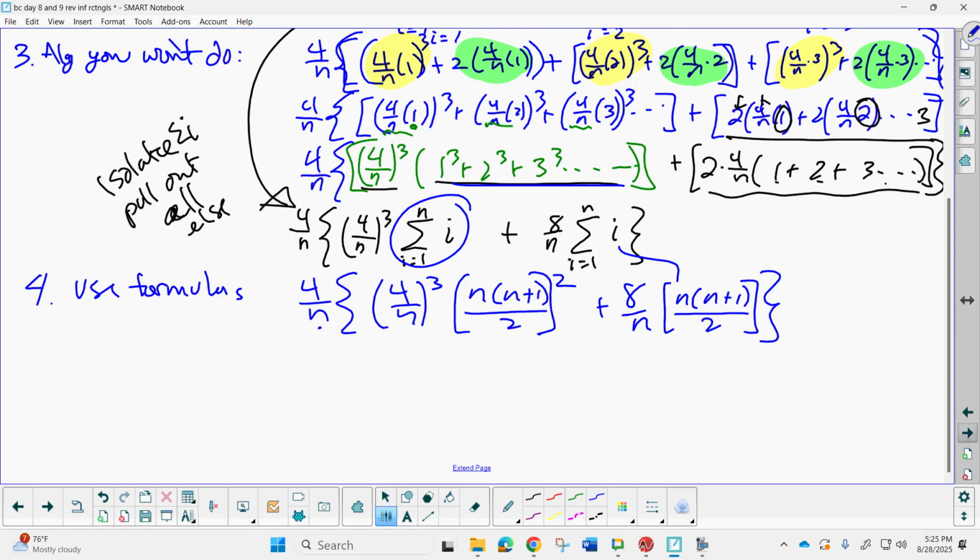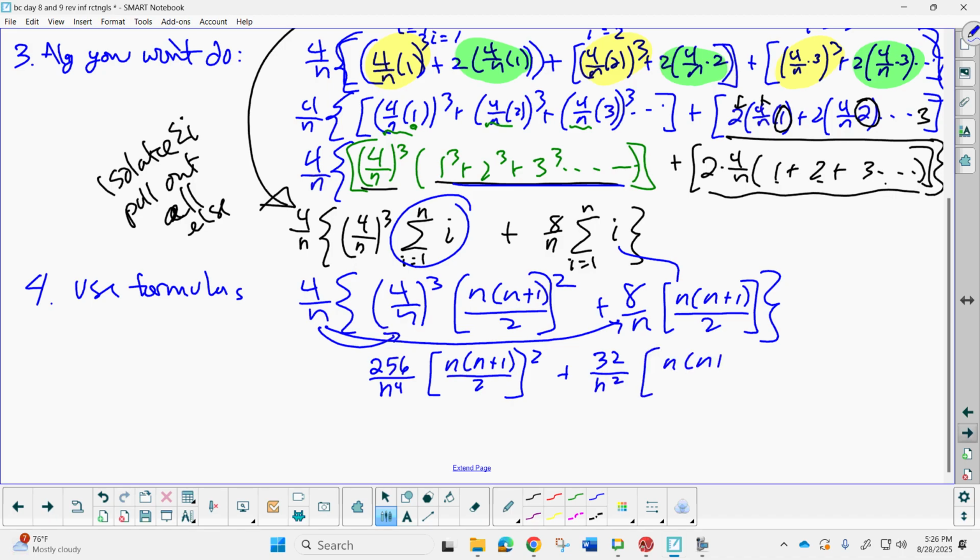So if I distribute this, I'm going to call that 256 over n to the 4th, n times n plus 1 all over 2 all squared, plus, distribute that, I get 32 over n squared times n plus 1 all over 2. Now I could obviously further simplify that out, but I hope you'll see that you don't need to.